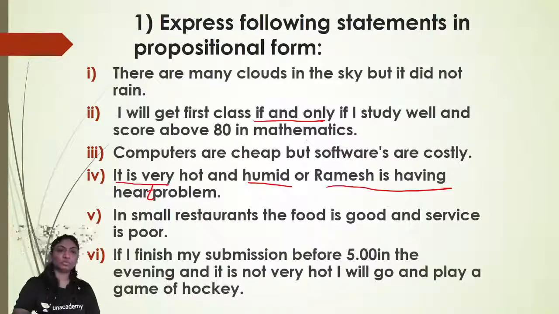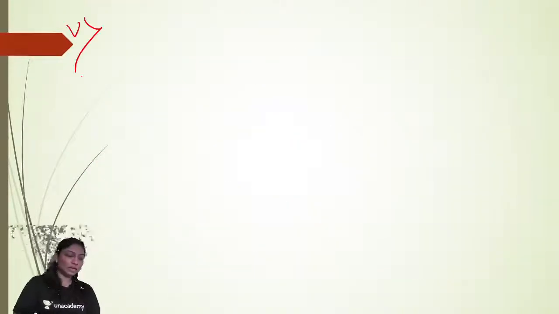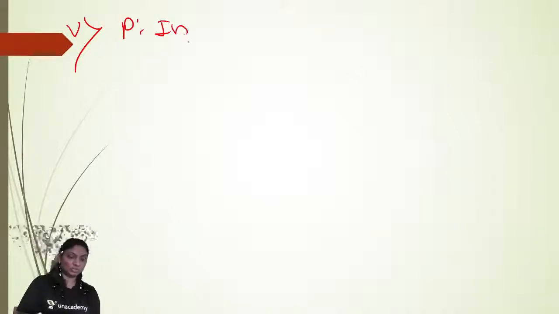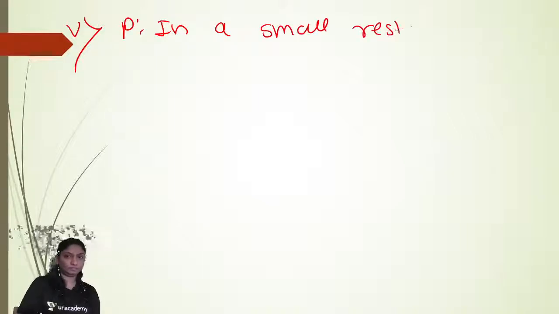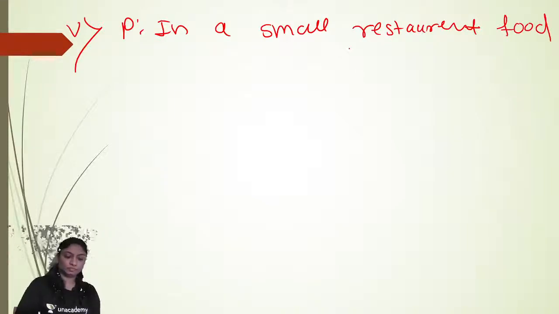Now, next one. In a small restaurant, the food is good and service is poor. So I will write, now it is very simple. Fifth one, we can write: P is the statement, in a small restaurant, food is good.